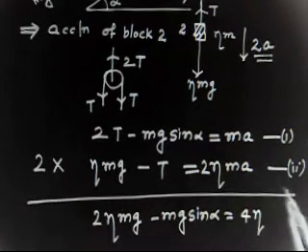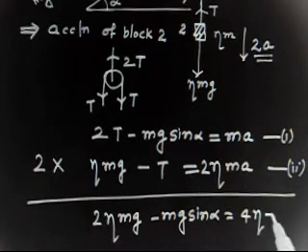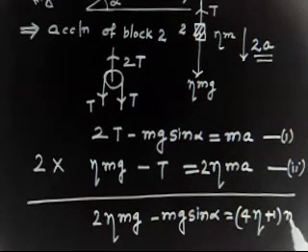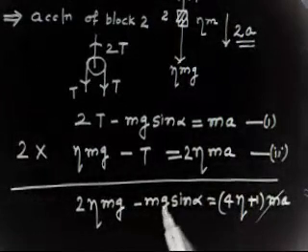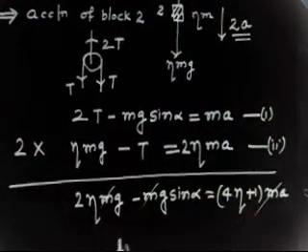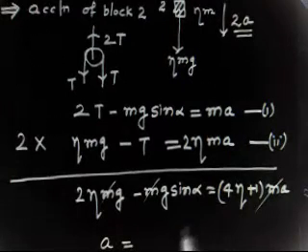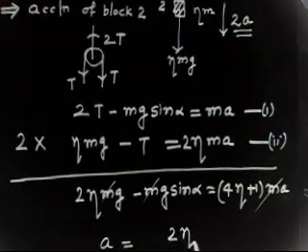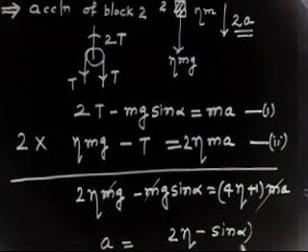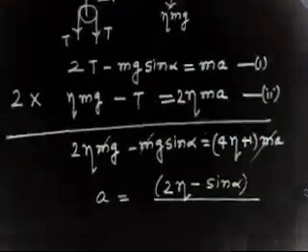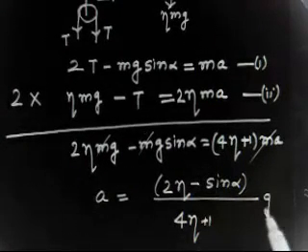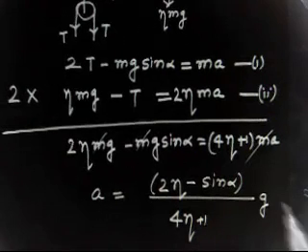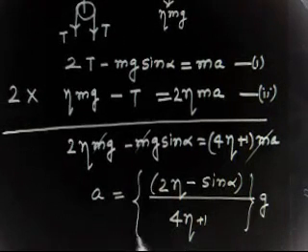Let us say ma I will take common, so (4 eta plus 1) into m into a. m throughout cancels, so we will have acceleration equal to (2 eta minus sin alpha) divided by (4 eta plus 1), and I can take g common. So this is the resultant acceleration we will have.